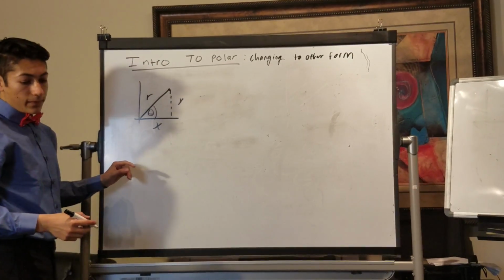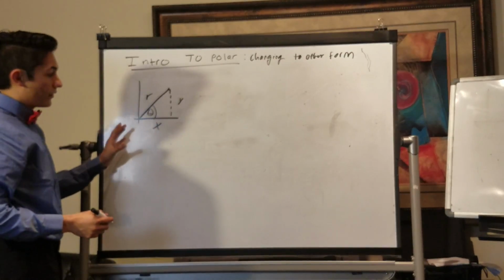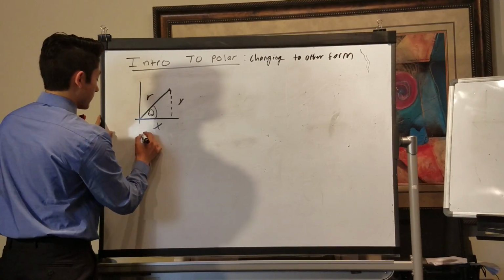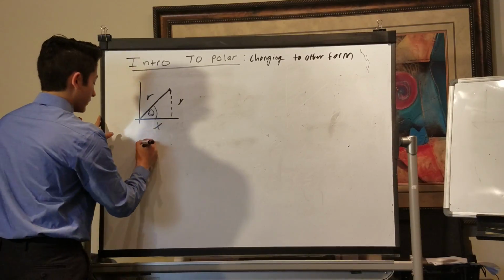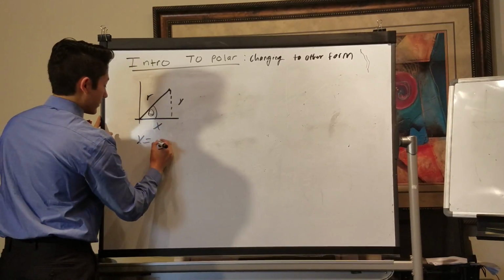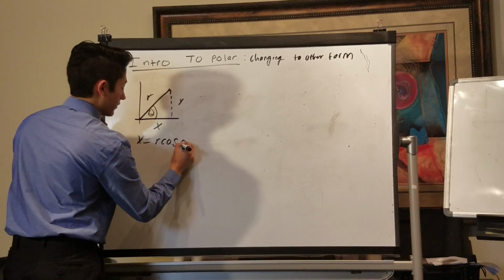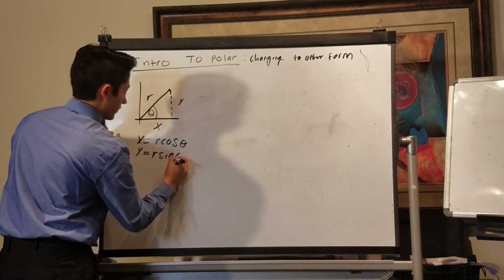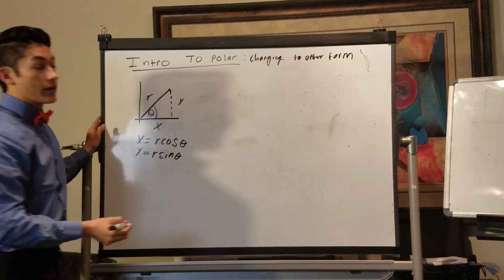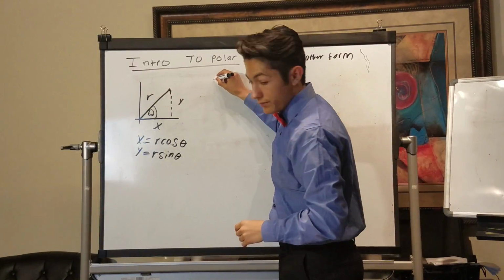Using this, we found the relationship between these variables: x is equal to r cosine theta and y is equal to r sine theta, using trigonometry. Now let's take a look at an example.